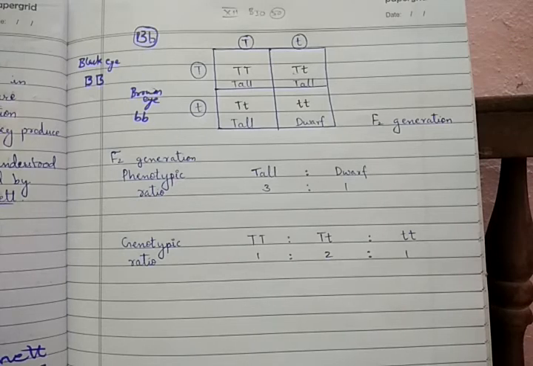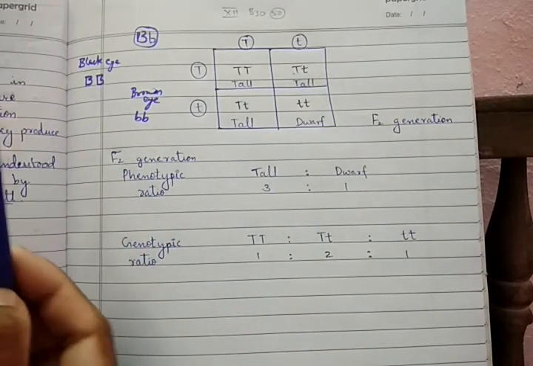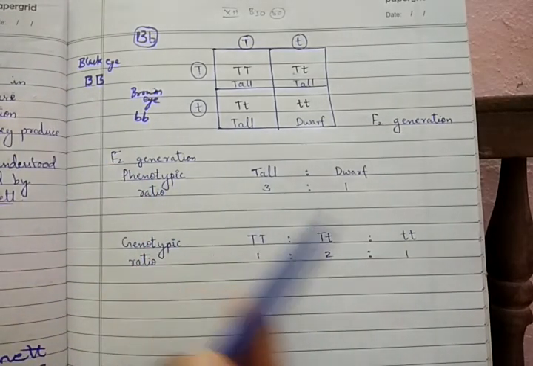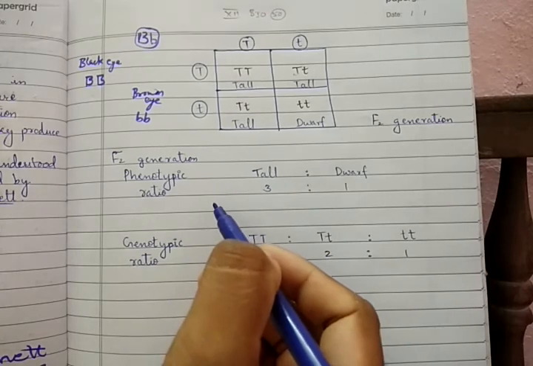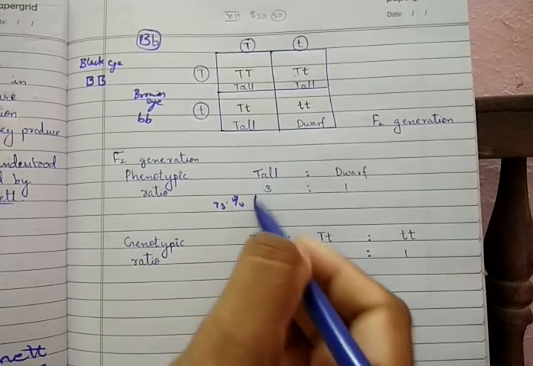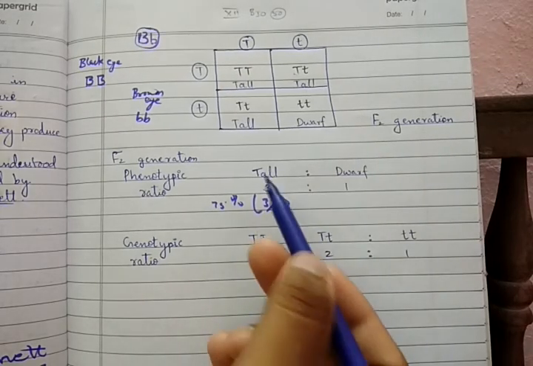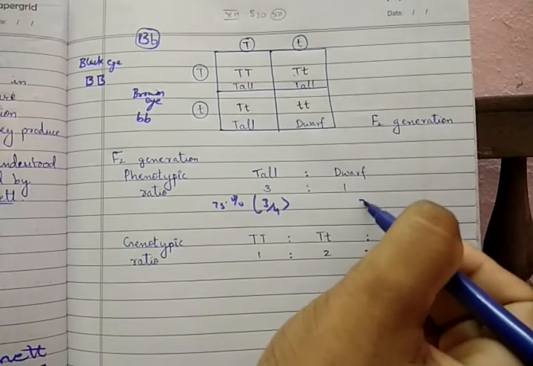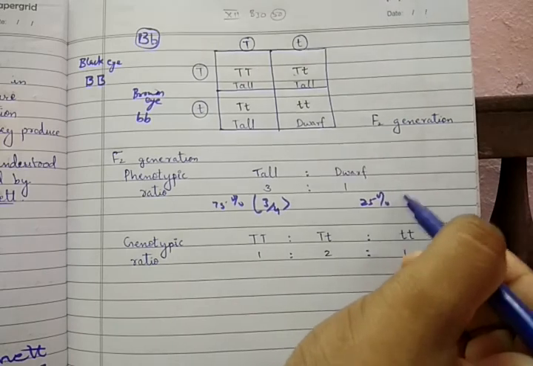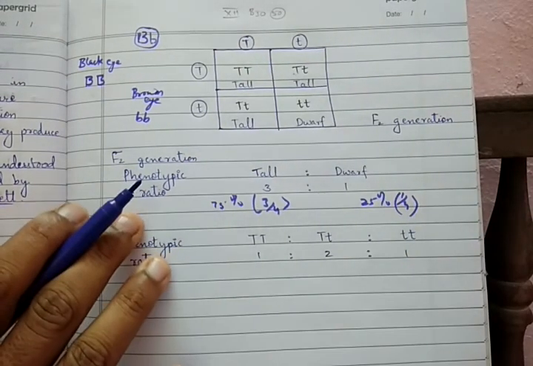Similarly, you also have to mention how much probability you will get here. Here I will say 75% chance for tall, or 3/4 probability of tall, and for dwarf it is 25%, or 1/4 of the probability, in case of phenotypic ratio.